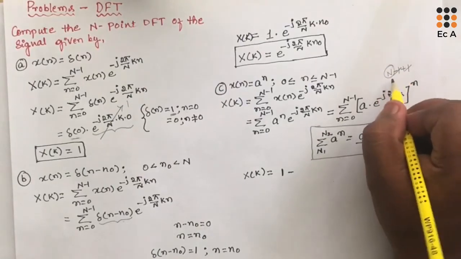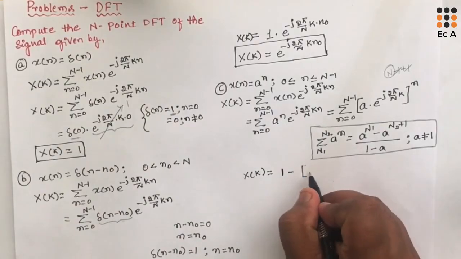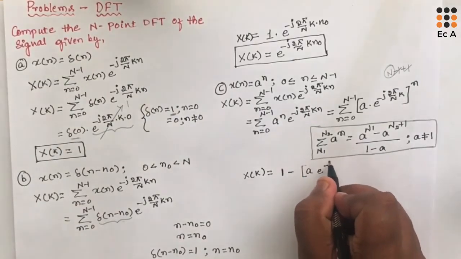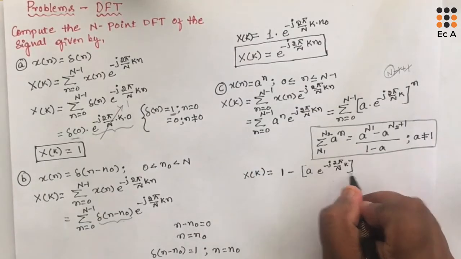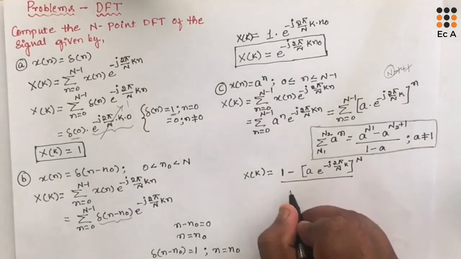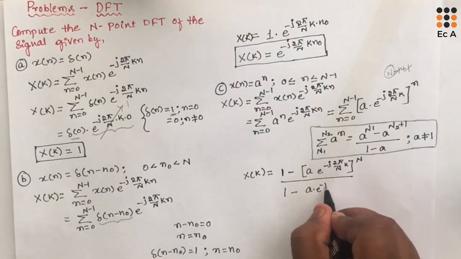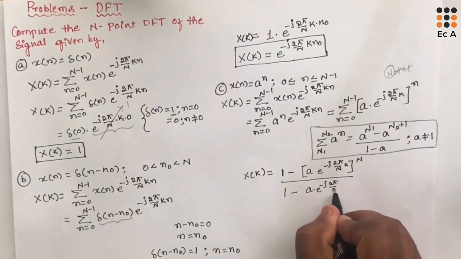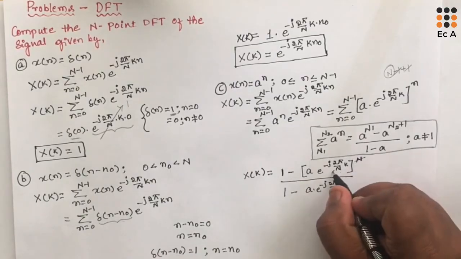We will be left out with n. So we can write 1 minus a e to the power of minus j 2 pi by n into k whole to the power of n divided by 1 minus a into e to the power of minus j 2 pi by n into k. Here we can cancel out n.